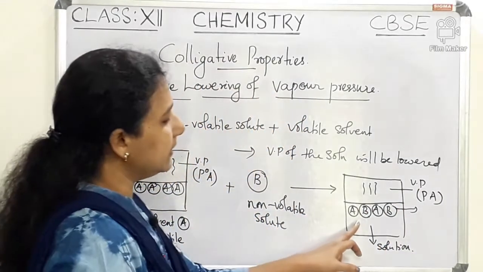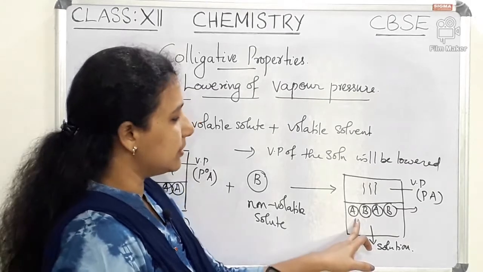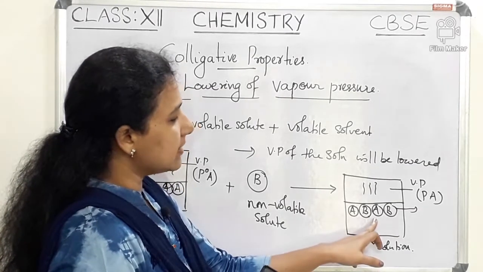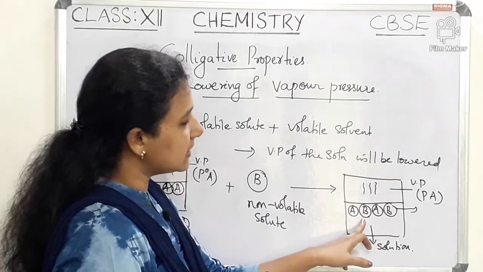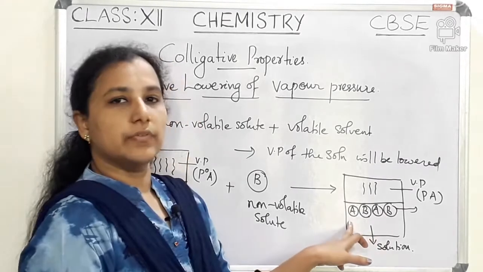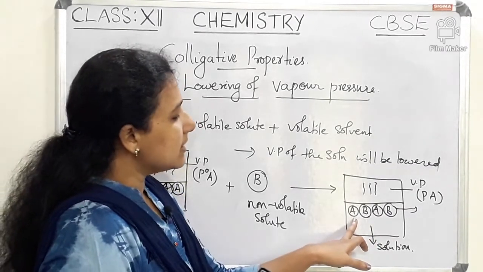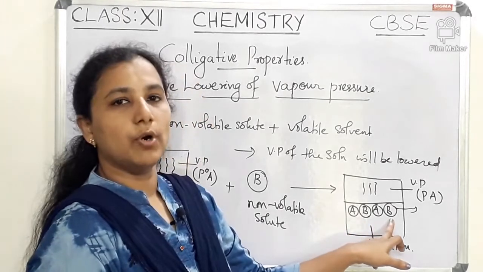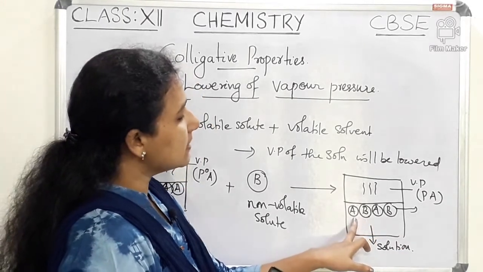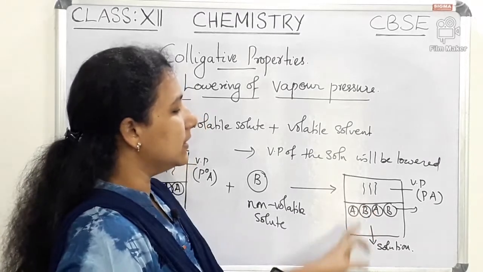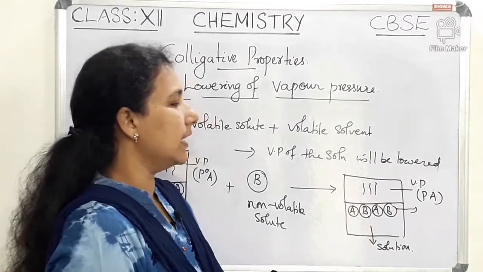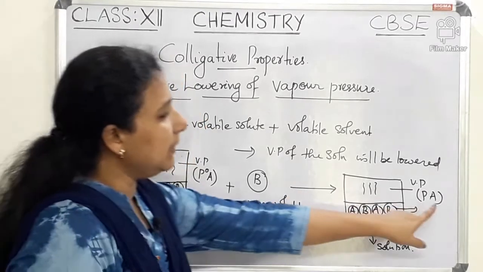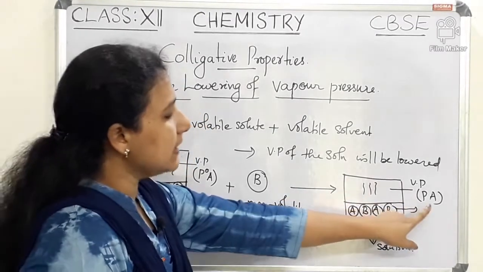The non-volatile solute occupies some space on the surface of the liquid, so less vapor is produced and there is less vapor pressure, denoted by PA.